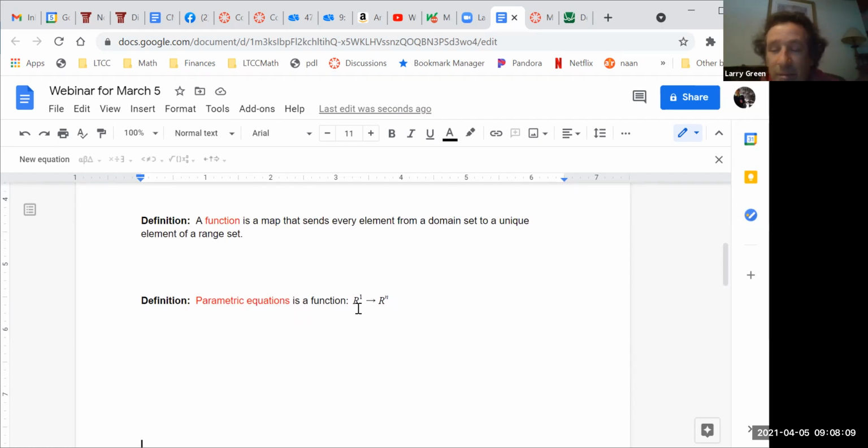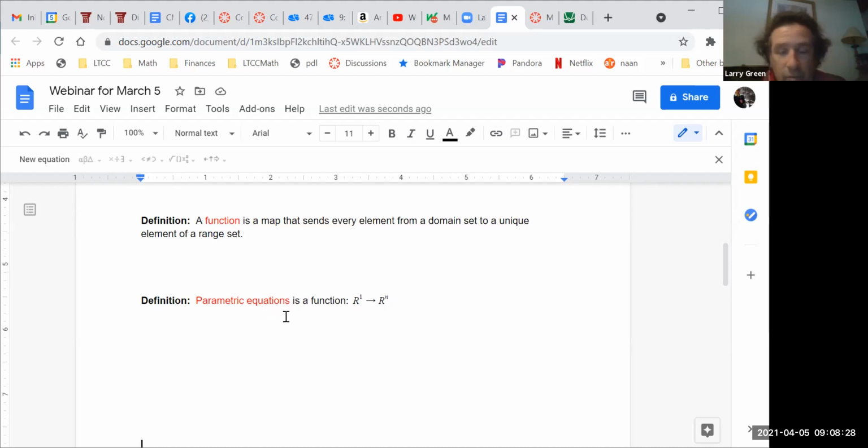And let me remind you on this notation, when you have something, then an arrow, and then something else, the left side is the domain, and the right side is the range.